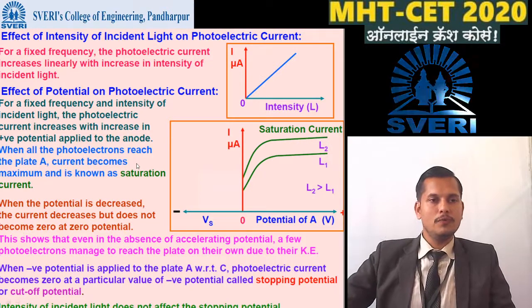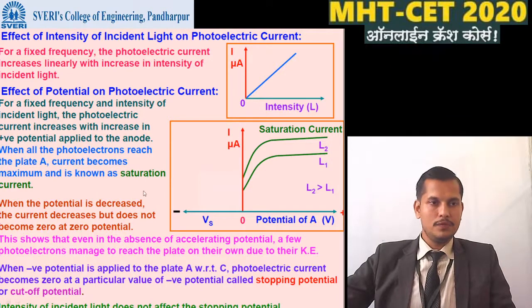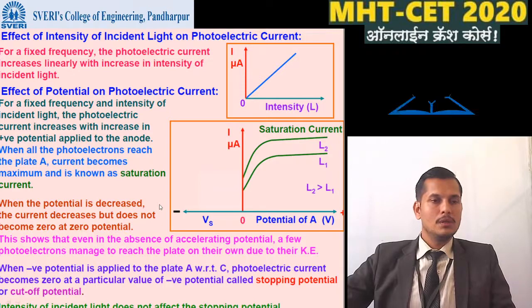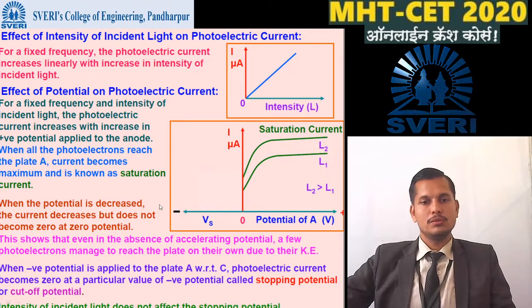Next, effect of potential on photoelectric current. Now in this case, keeping frequency and intensity of incident light fixed, the photoelectric current increases with increasing positive potential applied to the anode. We are increasing the positive potential applied to the anode, and it shows in the graph.